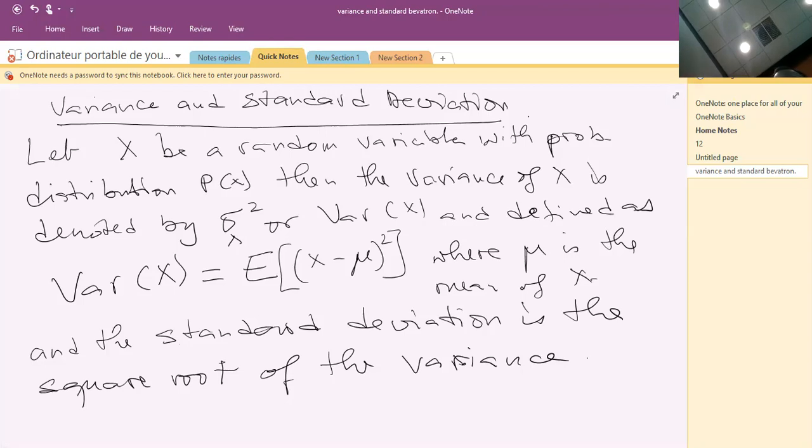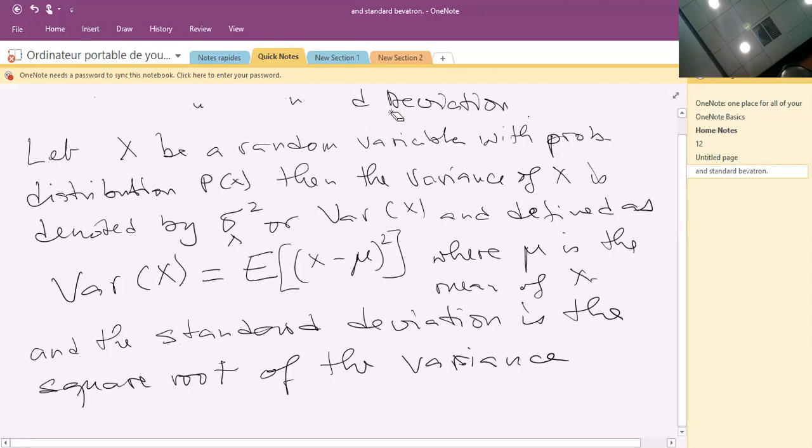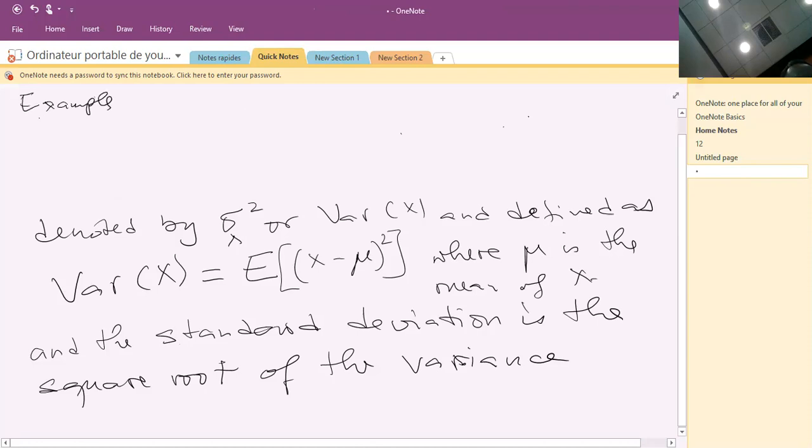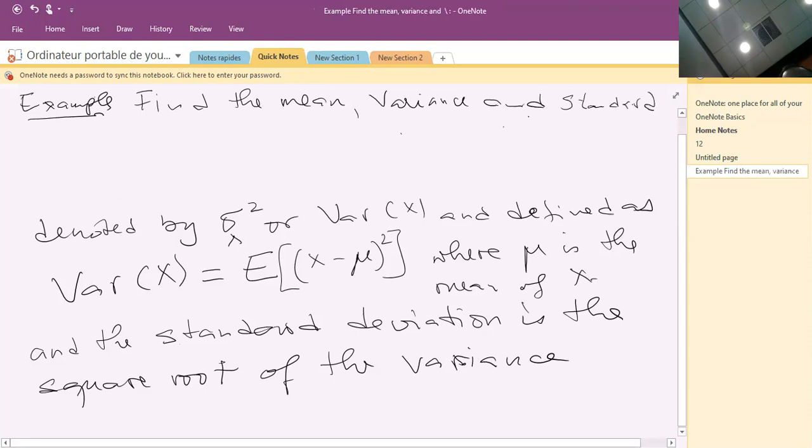Example. Find the mean, variance, and standard deviation of x defined by this.